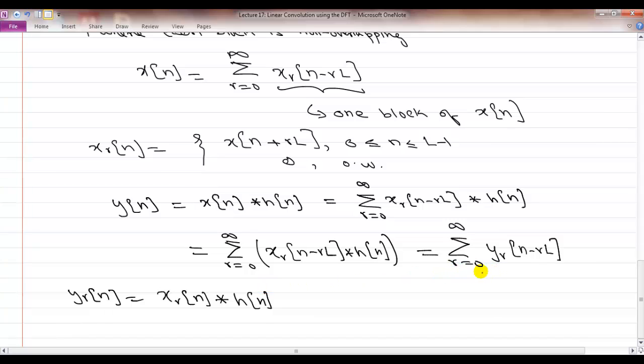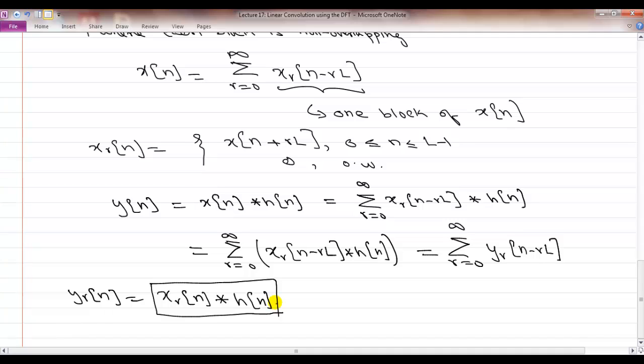So what is this saying? That your output, just like your input was equal to a sum of these pieces, can be written as a sum of different pieces, where each piece is simply the convolution of the input block with h[n].